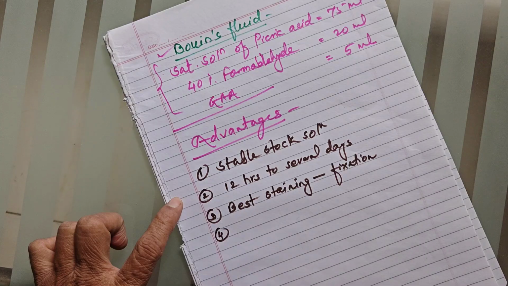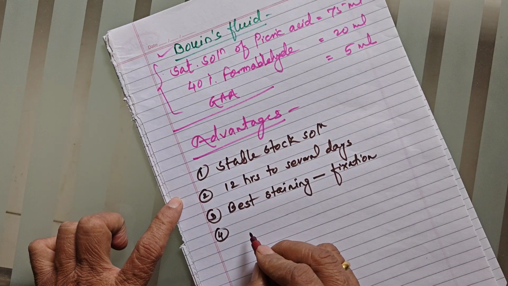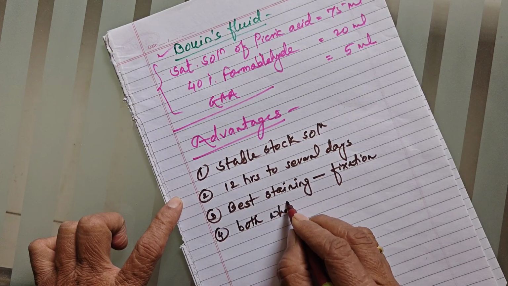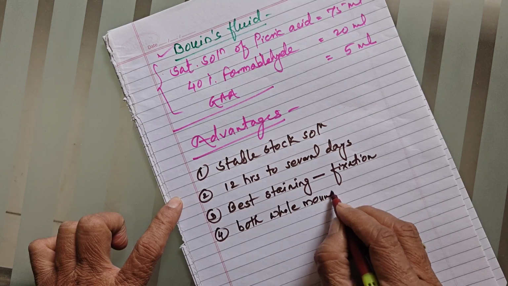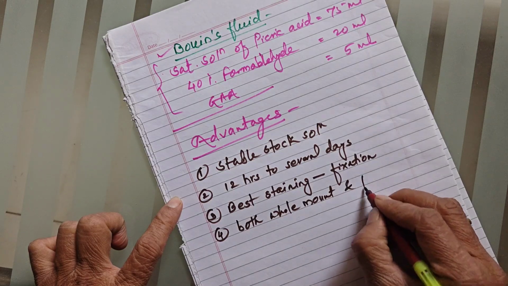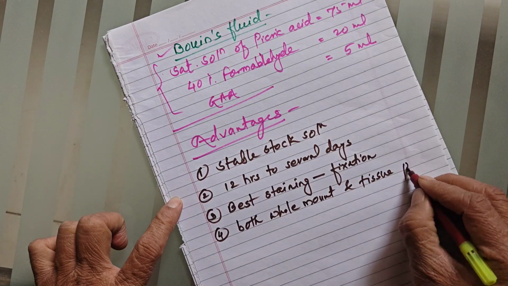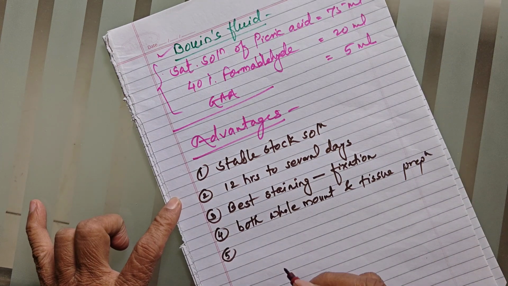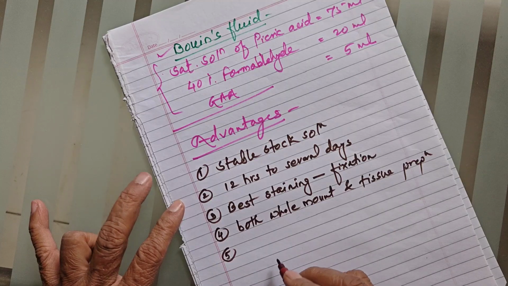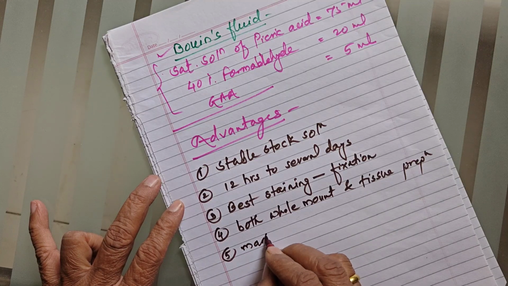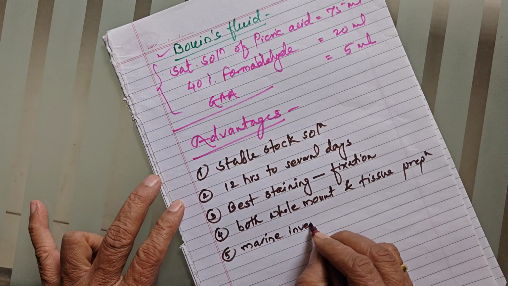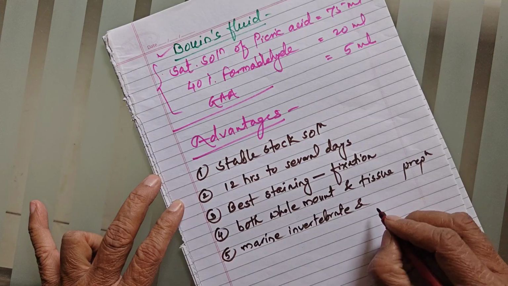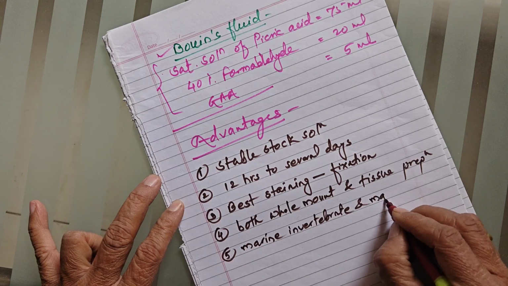Then the fourth advantage is Bouin's fluid is an excellent fixative for both whole mount and tissue preparation. The fifth advantage is this fixative is excellent for marine invertebrates and for most mammalian tissue.